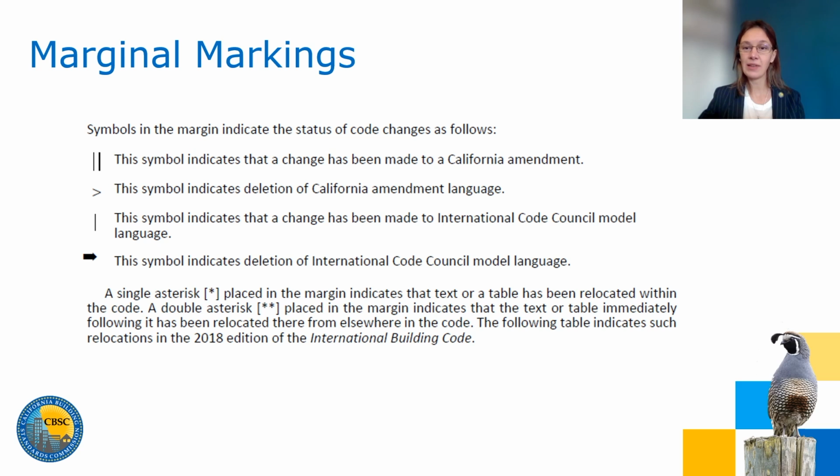Arrows indicate the deletion of the previously existing code language, and asterisks indicate relocation of the language within the code. IAPMO and NFPA may use different markers, which is why it's a good idea to always review the preface pages of a codebook before utilizing it.